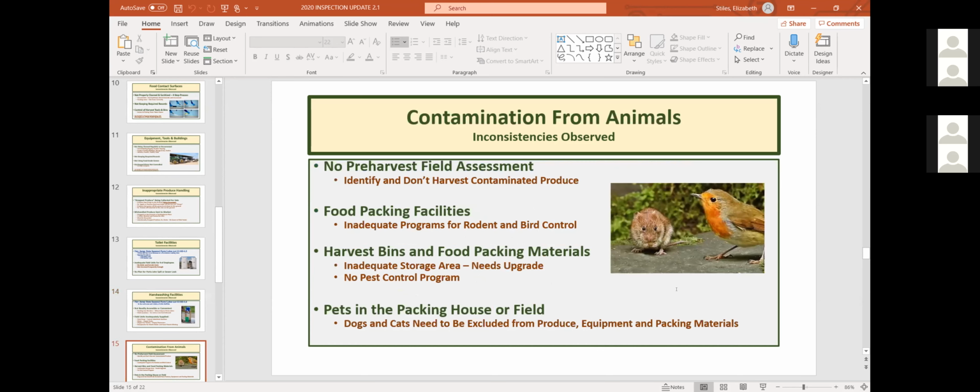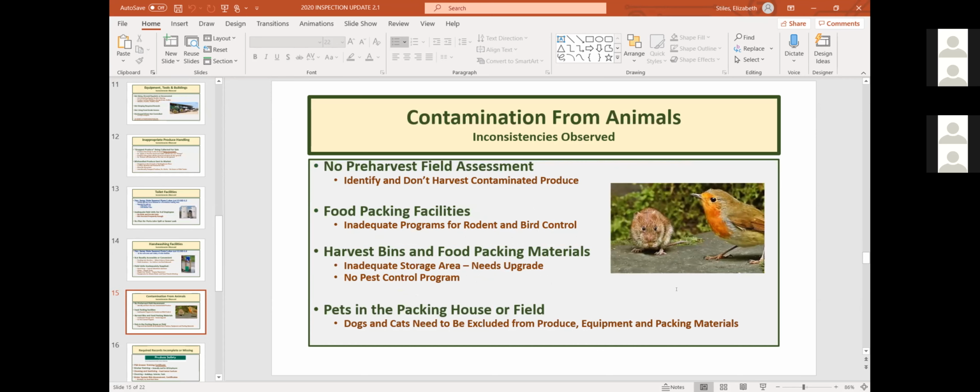Well, most of the farms are outside, so we're obviously going to have some contamination from animals. So before you harvest any field or any particular crops, someone needs to go out and do a field assessment to identify and not to harvest that contaminated produce.